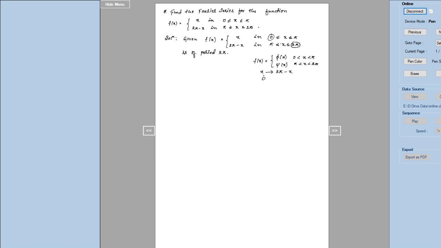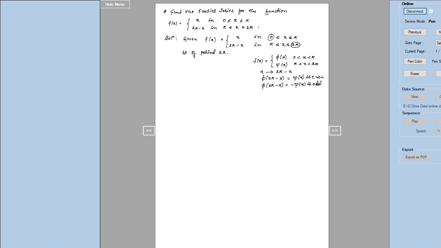If you get back phi of 2 pi minus x equal to psi of x, then f of x is an even function. If phi of 2 pi minus x equals minus psi of x, then it is an odd function.